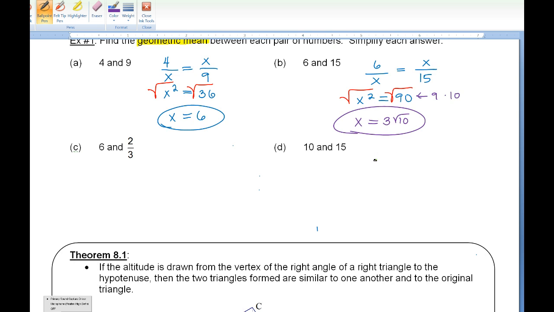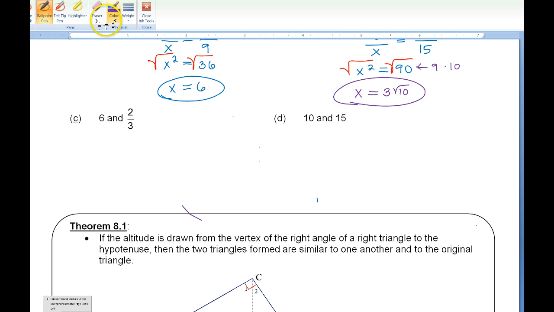Next one, we have 6 and 2/3. So again, x is the geometric mean of 6 and 2/3. So I have x squared equals, 6 times 2/3 is going to be 4. And then when I take the square root, we get x equals 2. And finally 10 and 15.